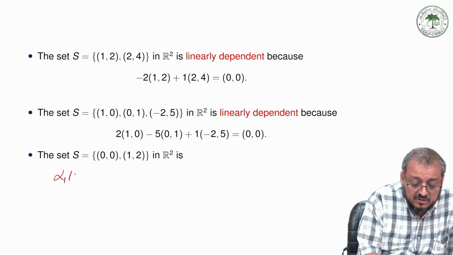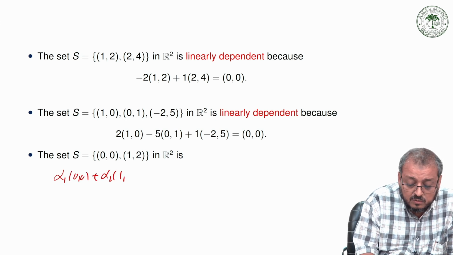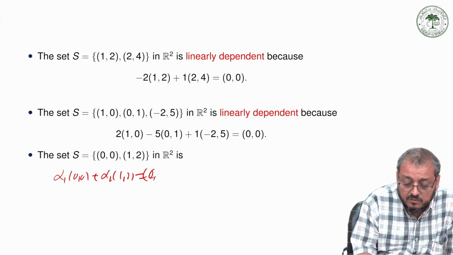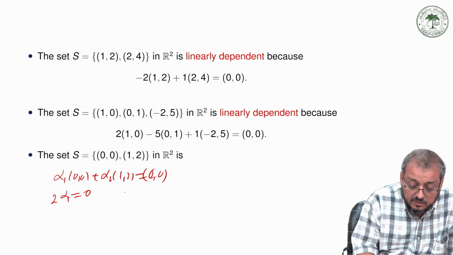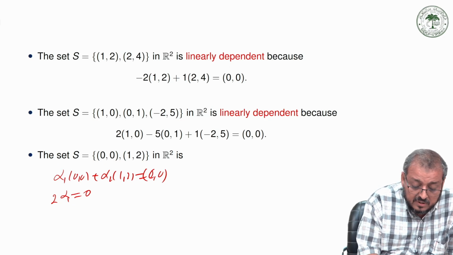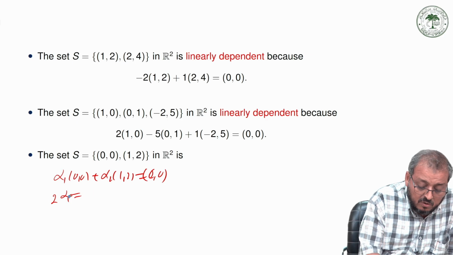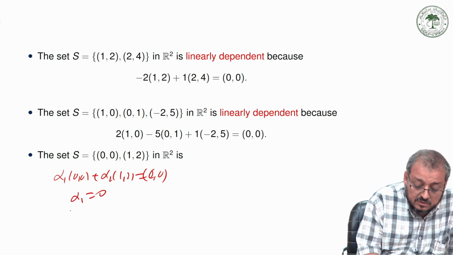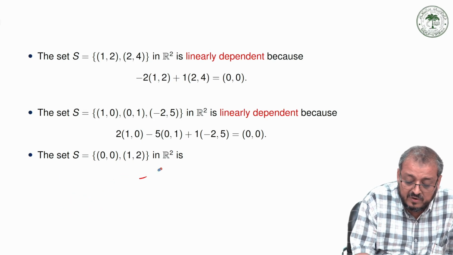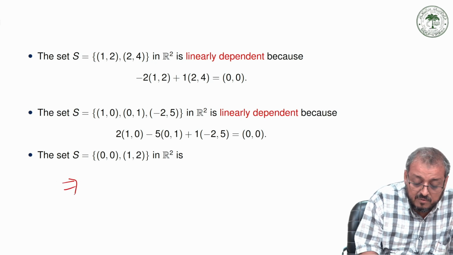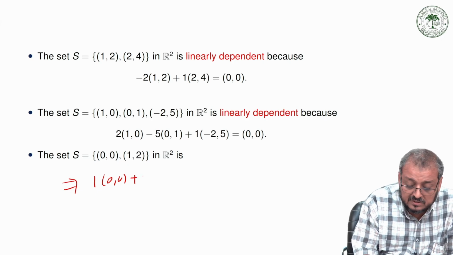So we can write α1 (0, 0) plus α2 (1, 2) is equal to (0, 0).